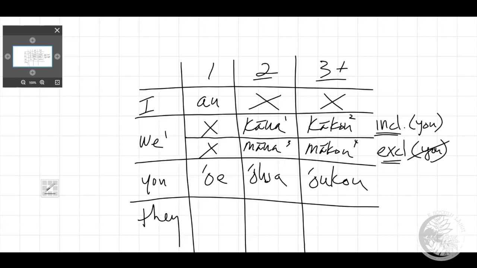If I'm talking about he or she specifically, when there's just one, that is the word ia, or oia if it's in a named position. When there are 2, and this is what we continue off, we use the word la, which represents somebody else you're talking about. When there's 2 of them, laua. And when there's 3 or more of them, lako.